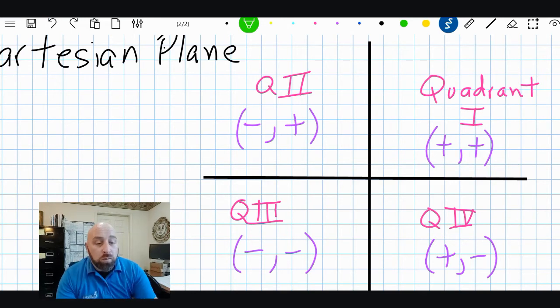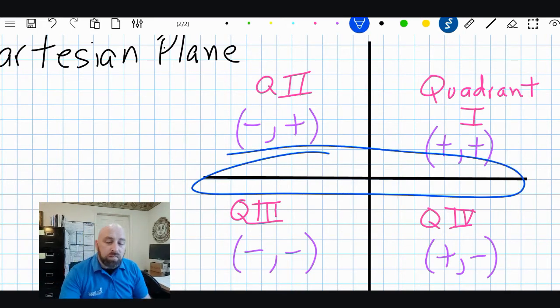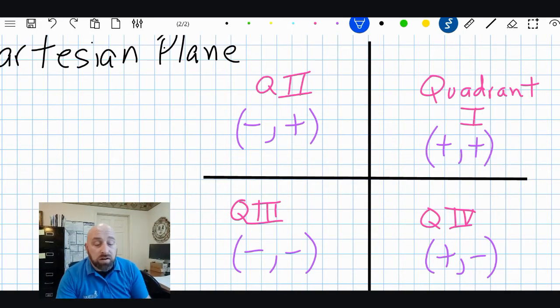Now, one more thing that I failed to mention, I should have mentioned this, but this is also very, very important, is this line right here. This line right here is called the x line. Okay, we'll just call it line right now.